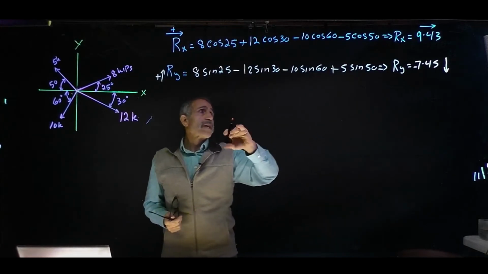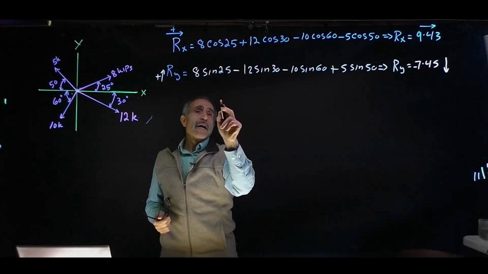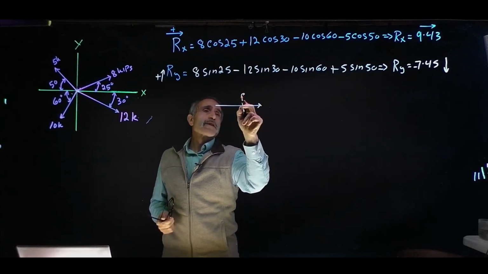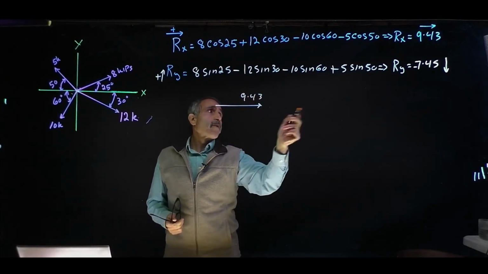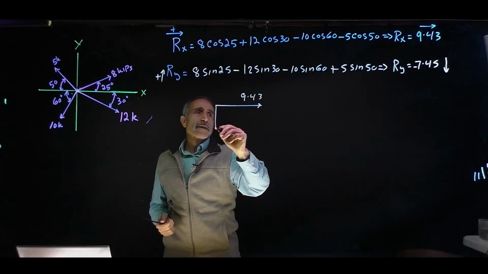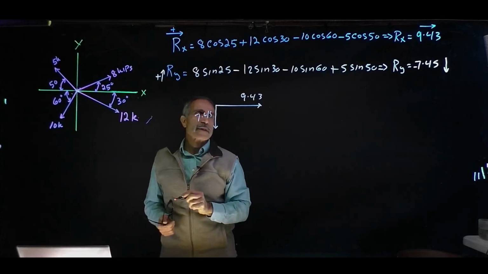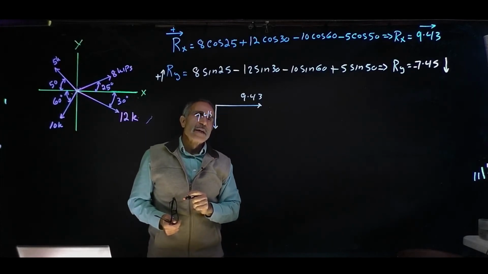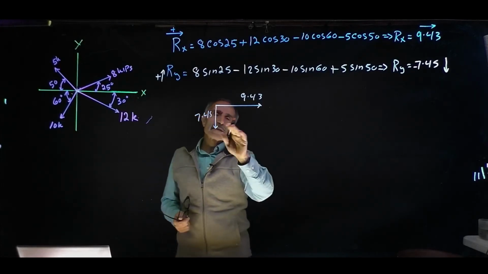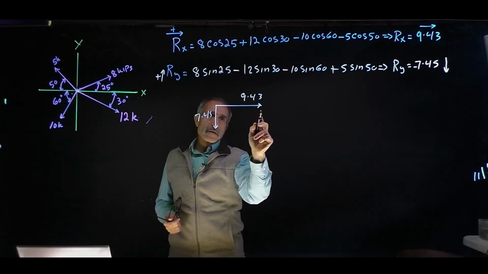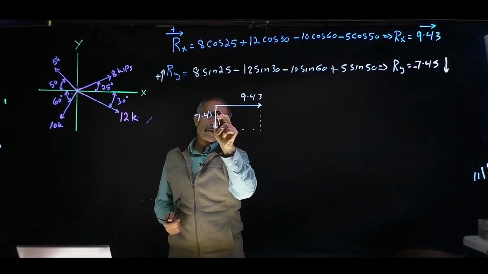If I want to say, okay, my Rx is going this way at 9.43, and my y is coming down at 7.45, now you have this, and your resultant force is going to be right there.